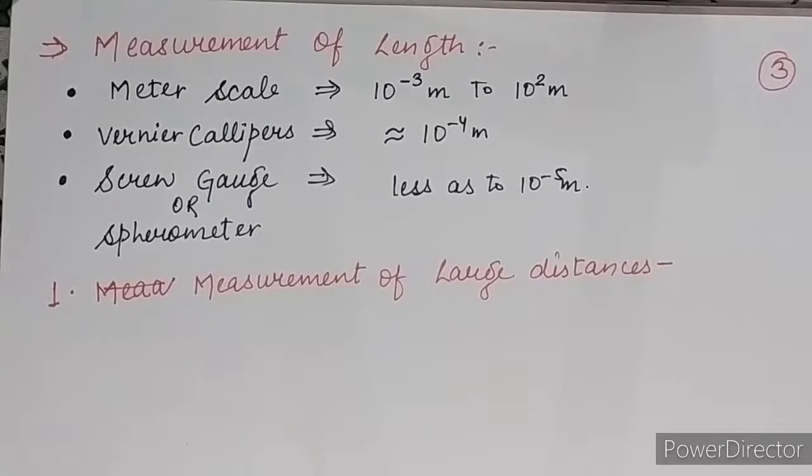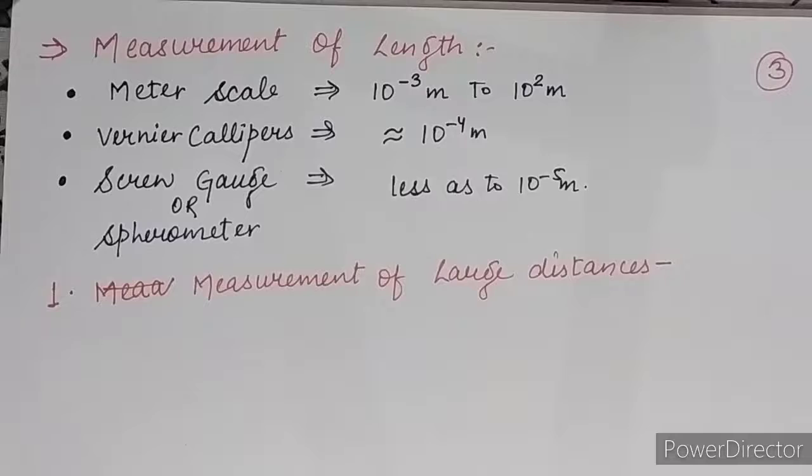In the measurement of a large distance, we are going to measure the distance of a planet or a star from the earth. These large distances cannot be measured directly with the meter scale. So for such cases we need the parallax method.